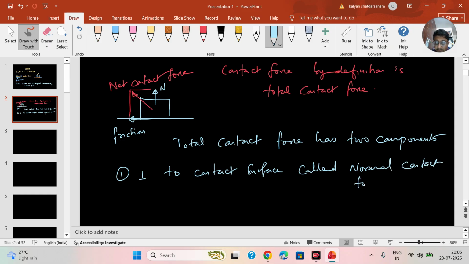It is only one component of the total contact force, just one part. The other component, parallel to the contact surface, is called friction, the tangential component of contact force.